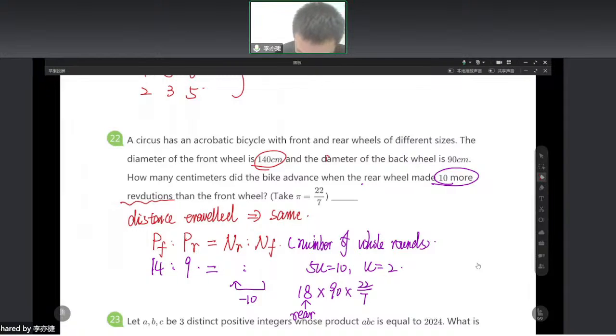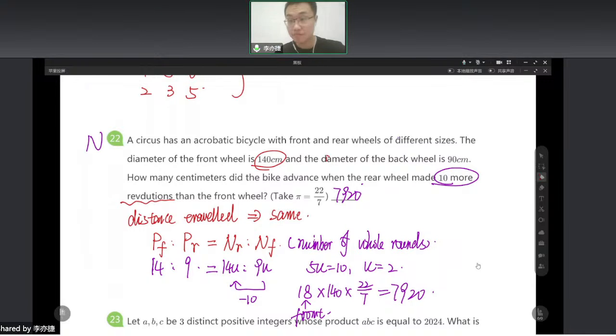So this is 14, this is 9. So this is 140 if I use the front. So now this is the answer, 22440. So it's right. Normal? Yeah, treat it as normal.